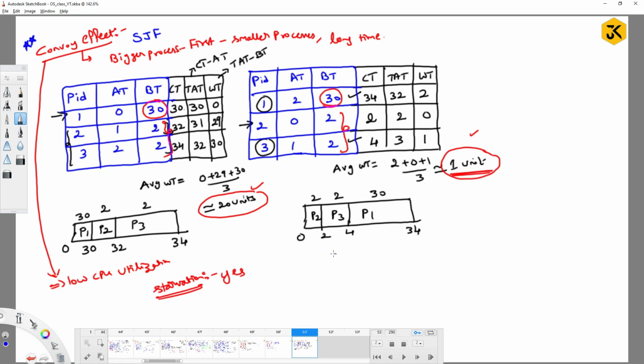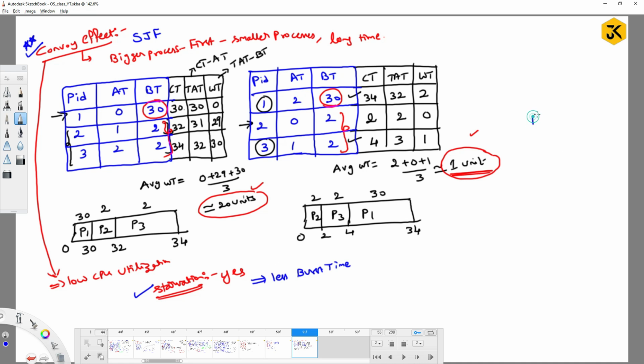There might be a chance to always execute the process which has the less burst time. Definitely the process which has the larger burst time is going to be in a starvation state. That's the reason starvation and convoy effect are the two problems of the SJF algorithm.